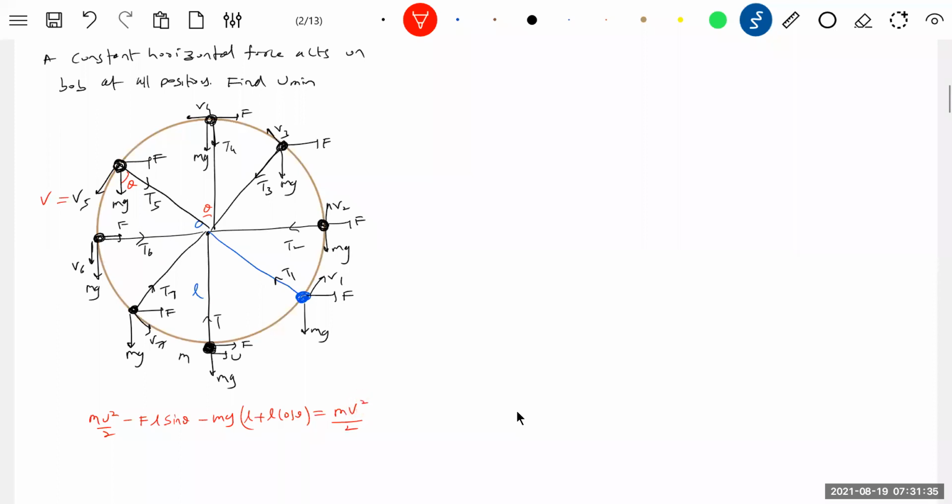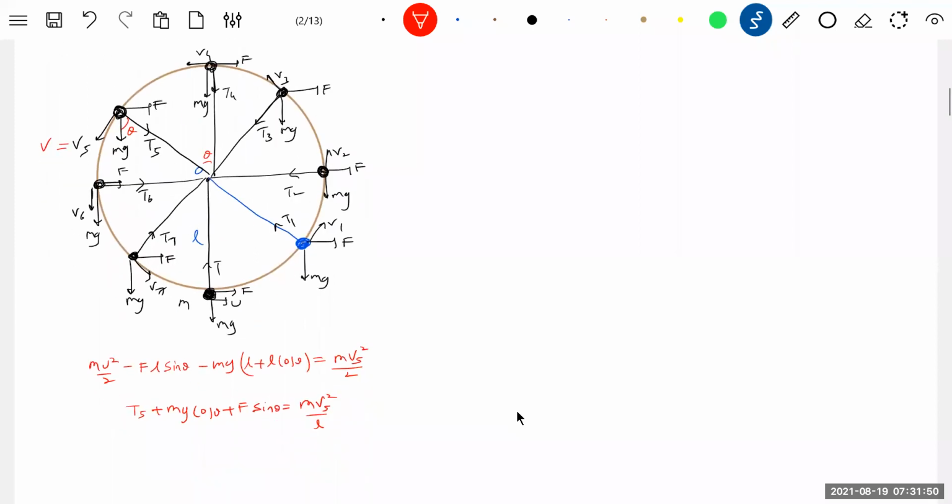Then you will write the equation T phi, or let it be the same symbol, T phi plus mg cos theta plus F sin theta. Now what is the condition? v phi will be minimum when tension is 0. You can see from here, all the rest are constant. So v phi will be minimum when tension tends to 0.